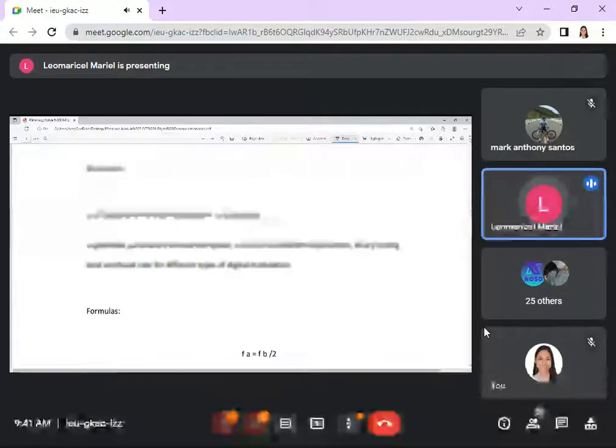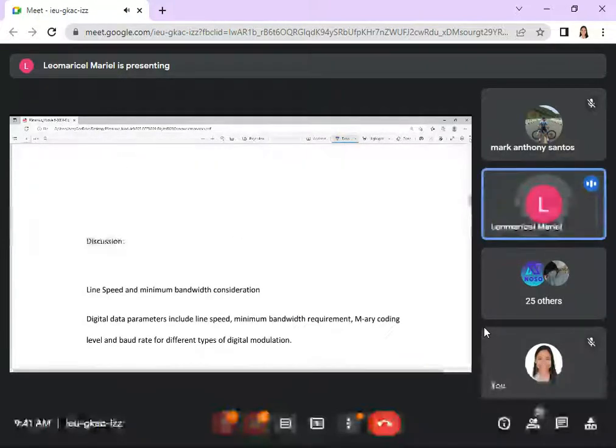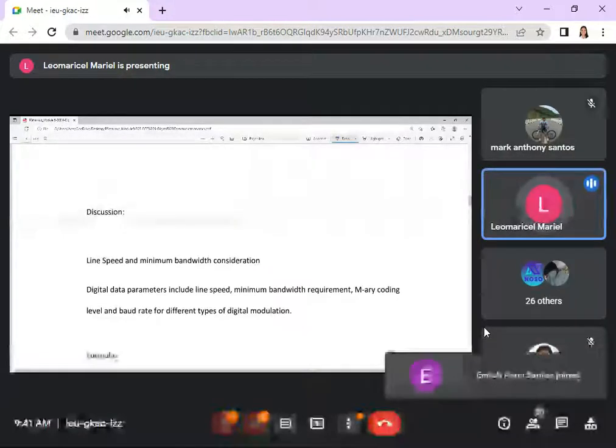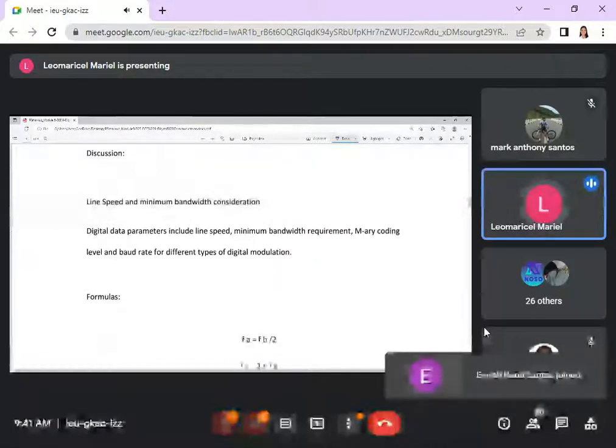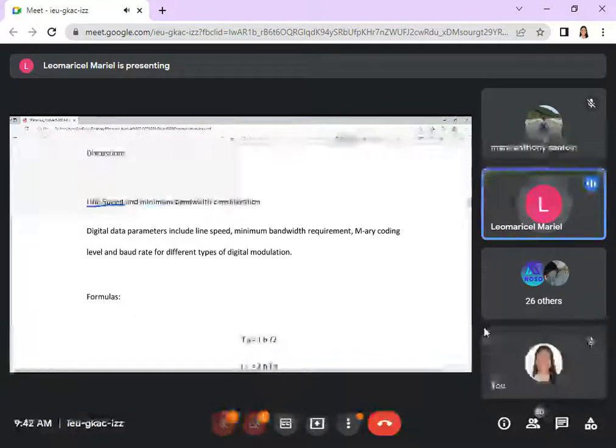Now, for the parameters, ano-ano ba yung mga parameters na kinakalculate that define the characteristics of digital communication? So meron tayong tinatawag na line speed and the minimum bandwidth consideration. When you say line speed, that is the speed of transmission of a system.